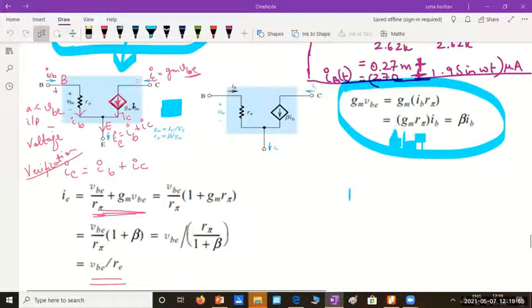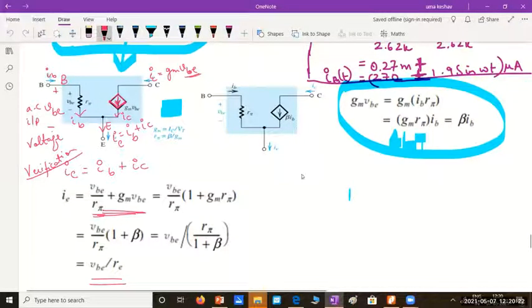So you will have some resistance in parallel with a practical current source, and some resistance in series with a practical voltage source. Please remember, whenever you consider an ideal voltage source, you can directly write just the voltage.